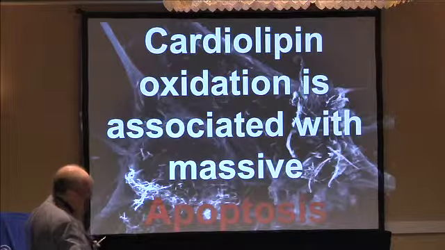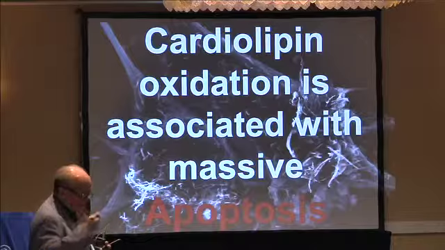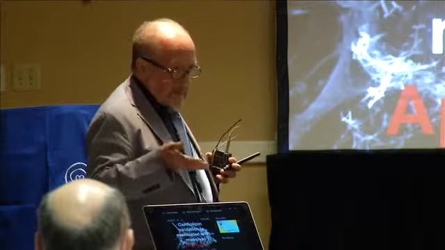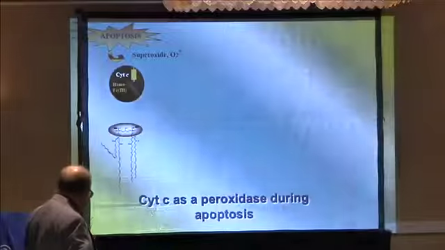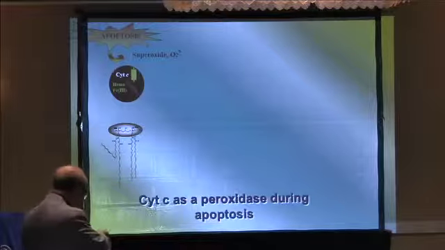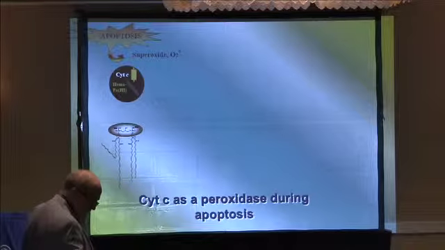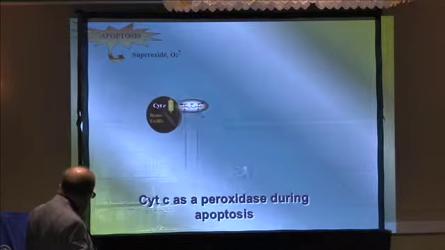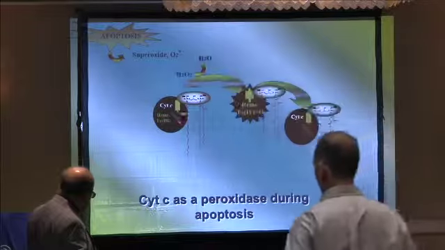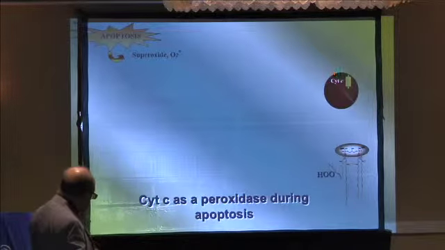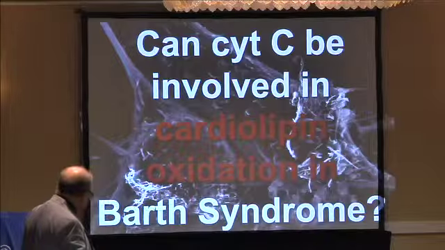I need to mention that formation of this oxidized cardiolipin is a required step in apoptosis. If this chain of events develops, cytochrome C encounters cardiolipin, they form a complex which becomes a peroxidase, and then this peroxidase will oxidize cardiolipin. This is an essential step in apoptosis.